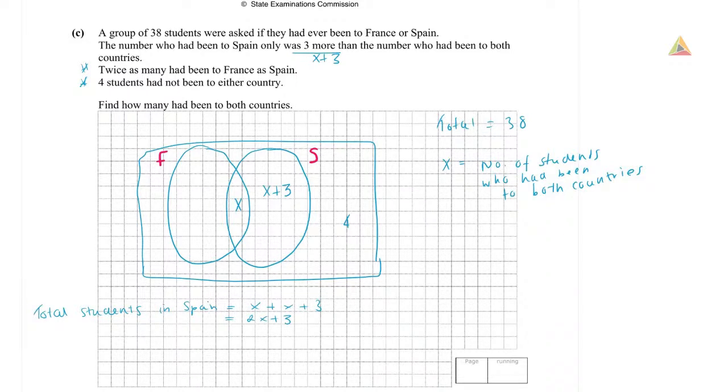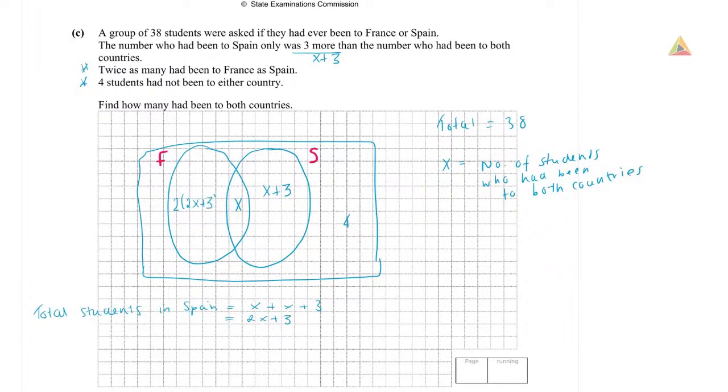So the total amount of students that were in Spain was 2X plus 3. So the amount that had been to France is going to be twice as many as Spain, so it's going to be 2 by 2X plus 3.